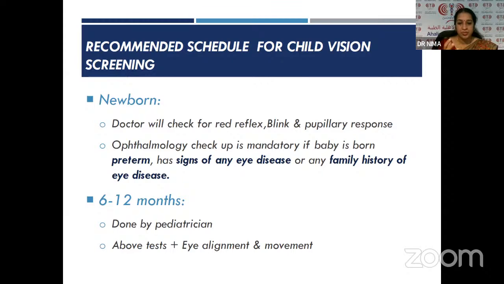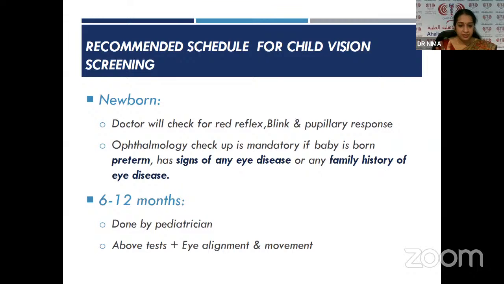So if any opacity is there in that pathway, that reflex will not be seen, which will be a hidden clue for cataract. And as I have previously mentioned about the retinoblastoma, which is an intraocular tumor actually, these things can be easily picked up by this simple torchlight test, that is the red reflex test.